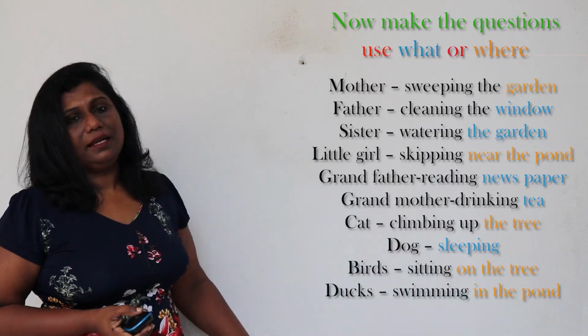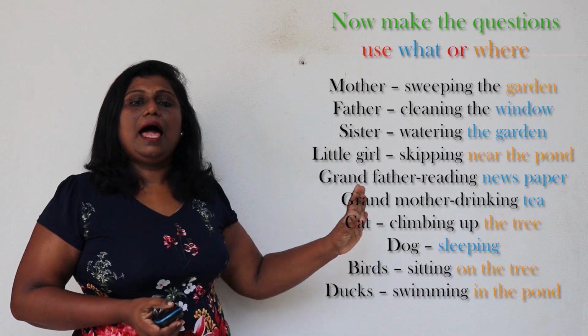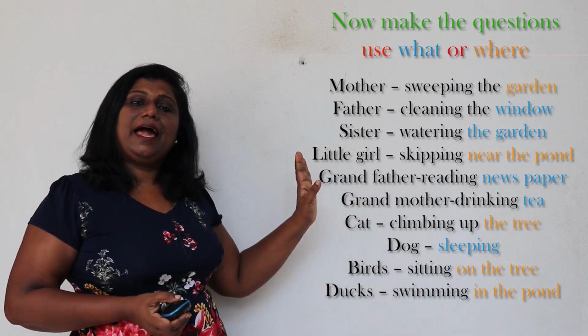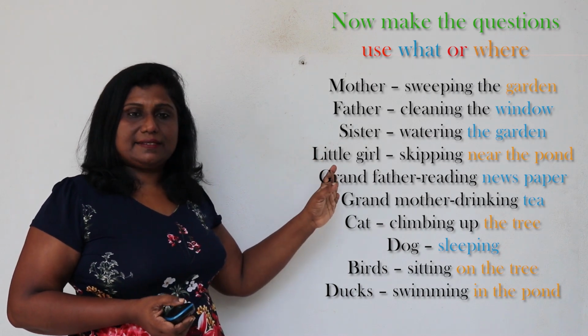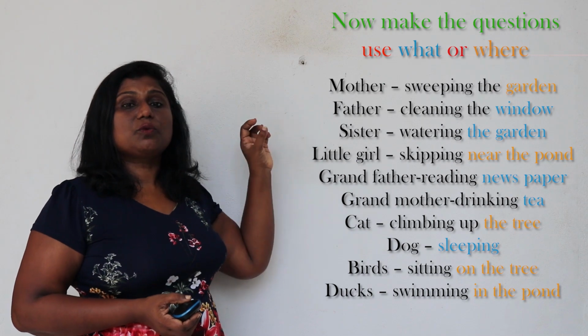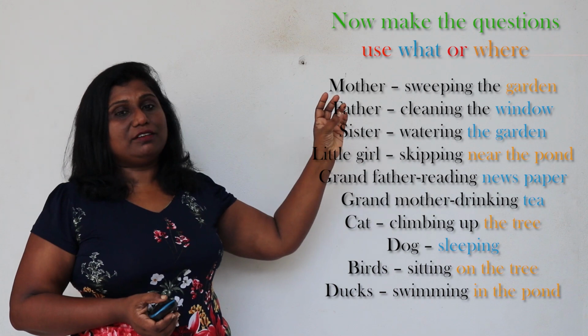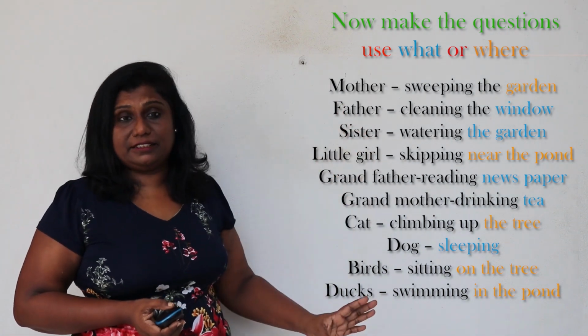Can you see? I have marked some with blue color and the others with an orange color. If you can see blue color in the sentence, you have to use the word what. If it is orange, you have to use the word where to get the answer which is highlighted.